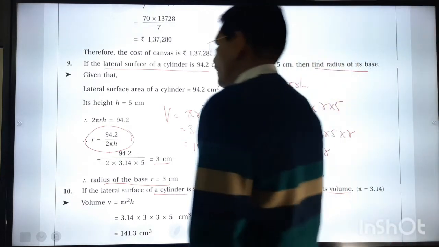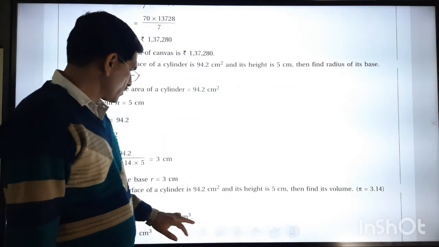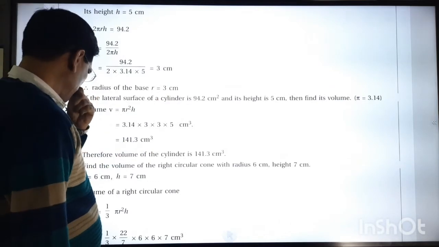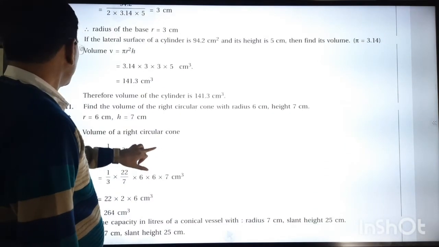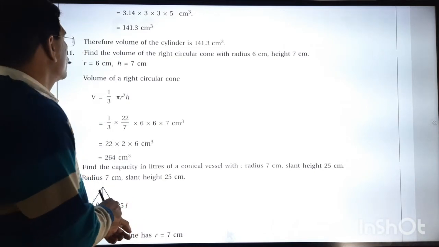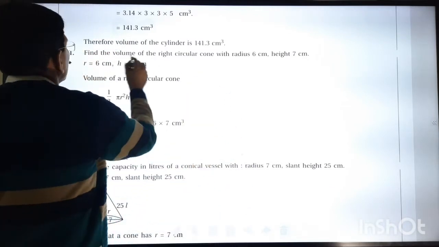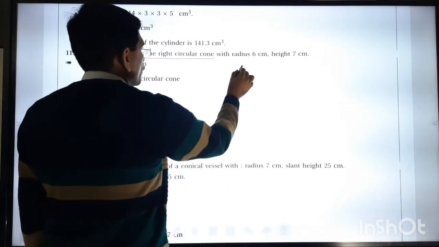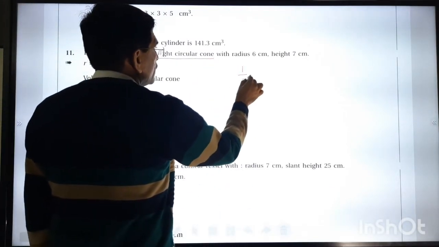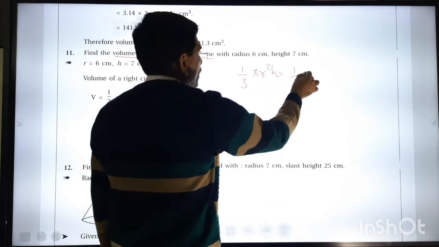It's one type of revision, so we can go turn by turn. Now one more sum. Find out the volume. Already we have discussed in the last lecture, again we have to discuss the volume of cone. So the formula is 1 by 3 pi r square h, as it's one type of calculation work.